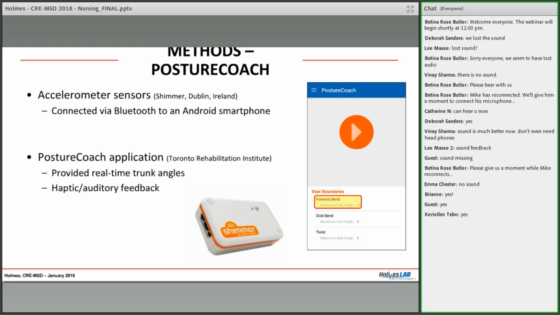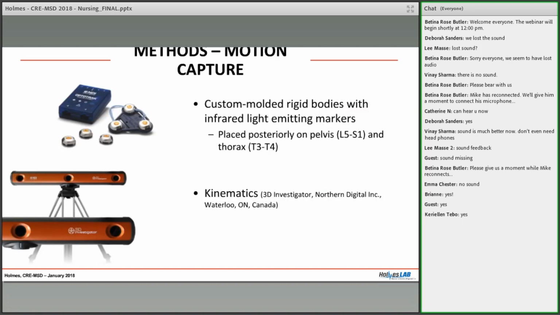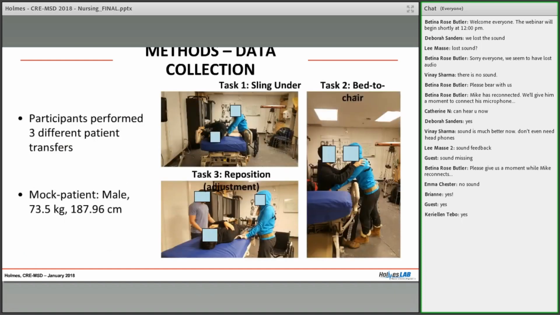I'll talk more about what our thresholds were in just a second. And so we also use motion capture cameras to track 3D kinematics using a Northern Digital motion capture system.